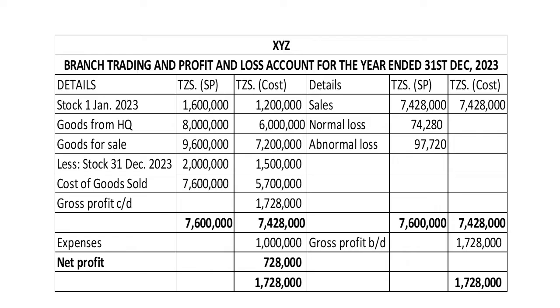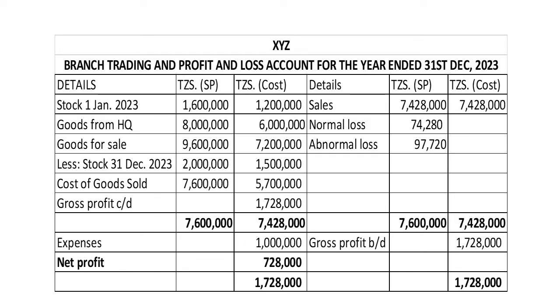So we add 1/3 of cost, and it will be 1,600,000. Goods sent to the branch were 6 million at cost. If you take 1/3 times cost and add it to get the selling price, it will be 8 million.